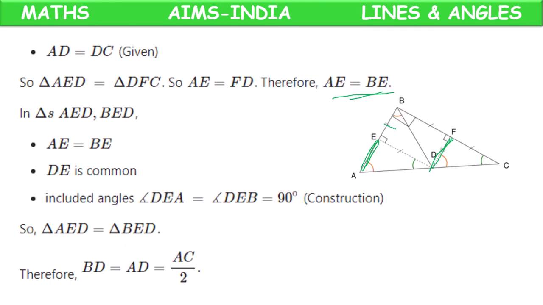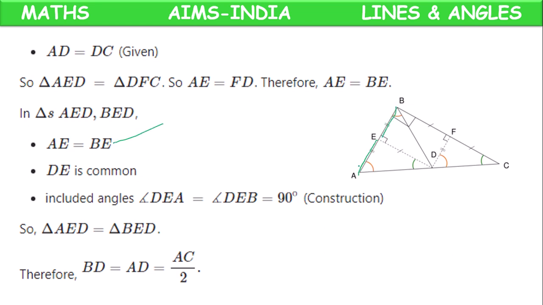We can write AE equal to BE. In the same way, if we compare the triangles AED and BED, AE equal to BE.